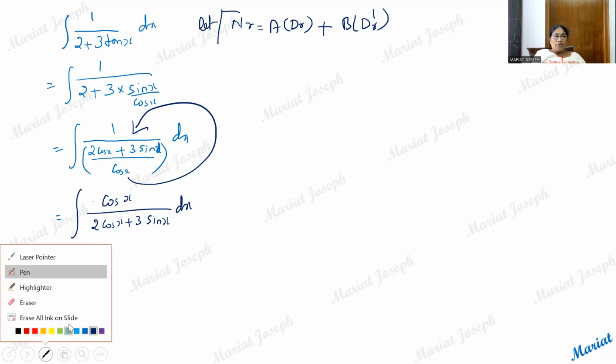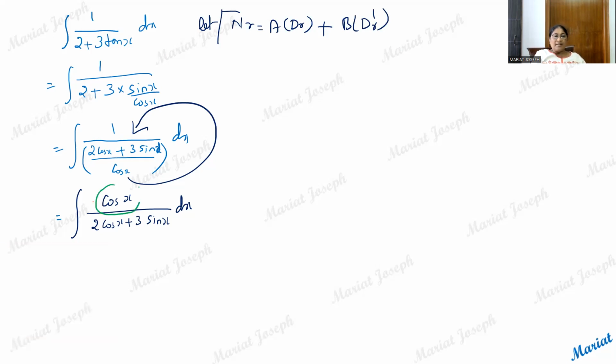So what is the numerator? Cos x now. So what do I write? Cos x equal to a into what? Who is going to tell me a into what?